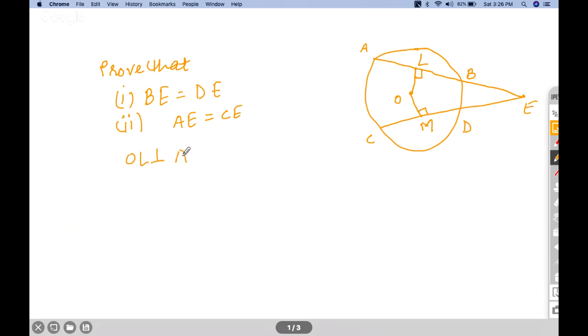OL is perpendicular to AE and OM is perpendicular to CD.